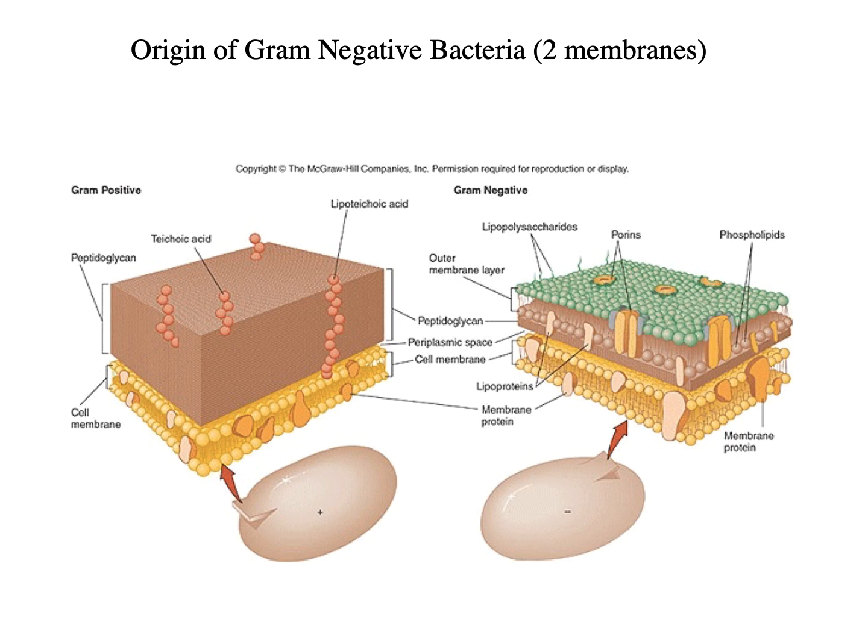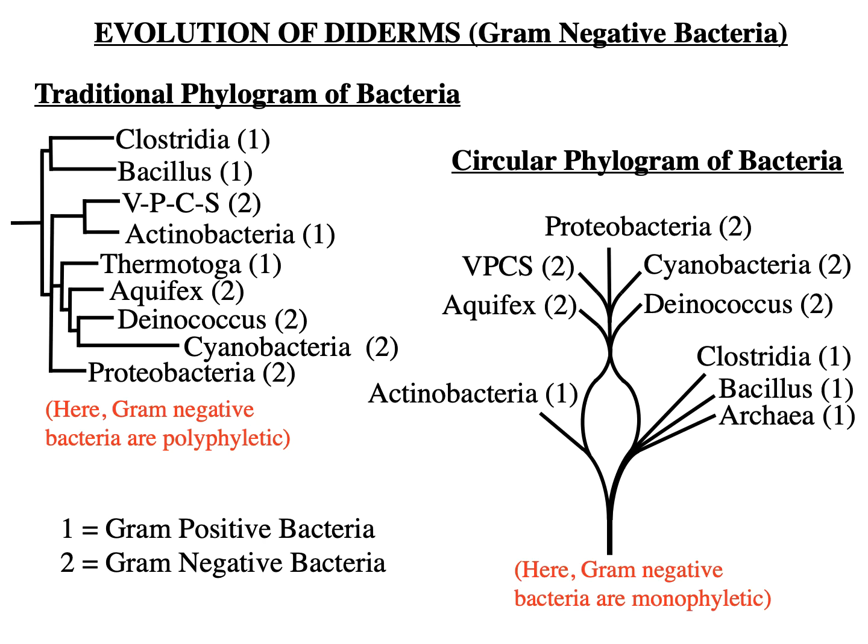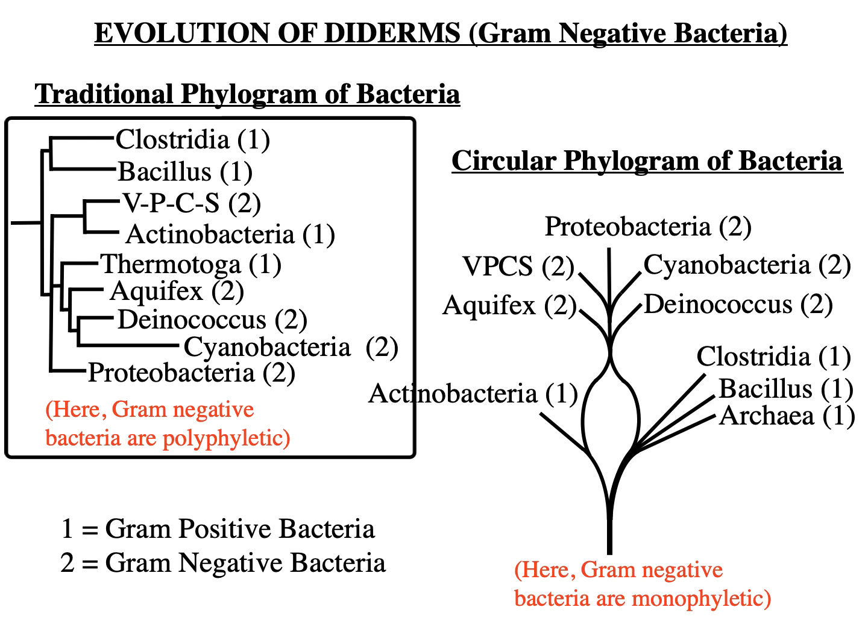And was there an endosymbiotic event between two gram-positive bacteria that led to the origination of the gram-negative bacteria? So several years ago, a study was done looking at specific genes in both monoderms and diderms to try to answer this question. And the problem is here.